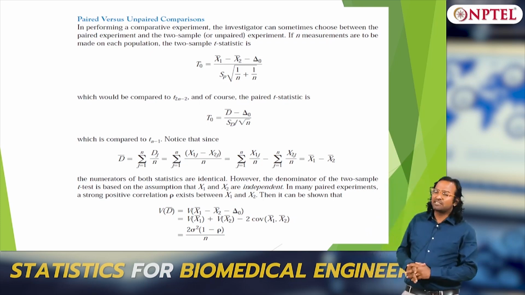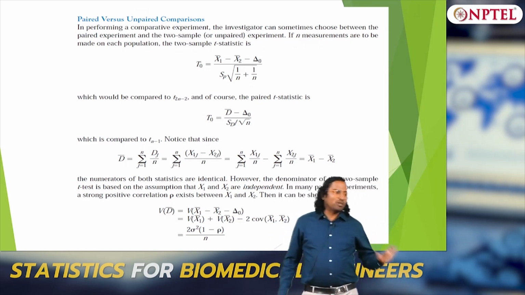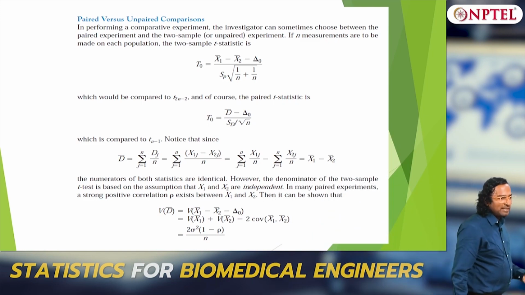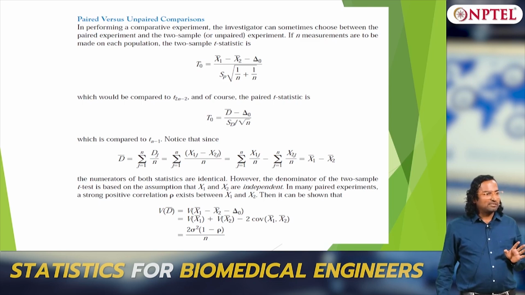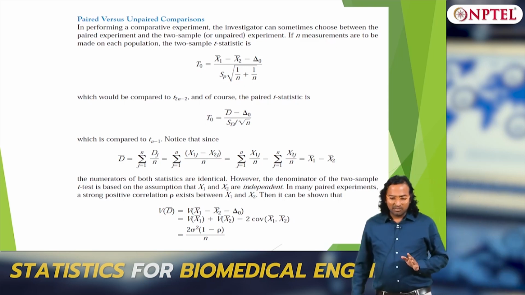So paired t-test is all about maintaining homogeneity, and if homogeneity influences the output, then you have to do paired t-test, clear, and it will come with its own drawbacks.